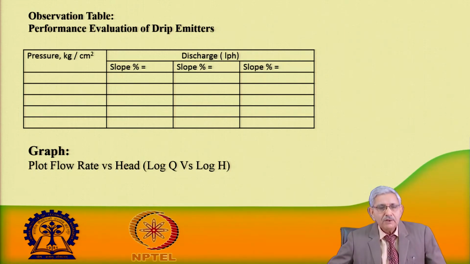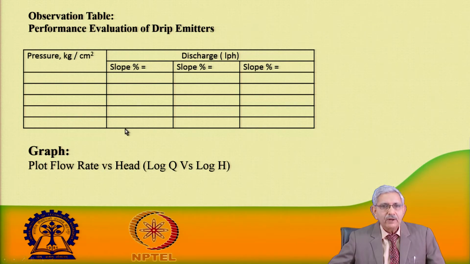So, you will be getting a set of data. The data that we are collecting are discharges for given pressures. Say this is one particular slope, then this is the second; for each slope, what are the values of the discharges for the different operating pressures.